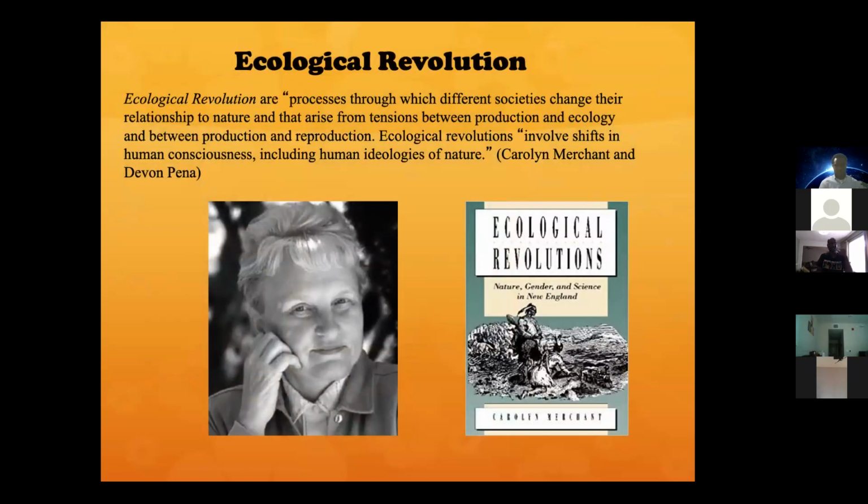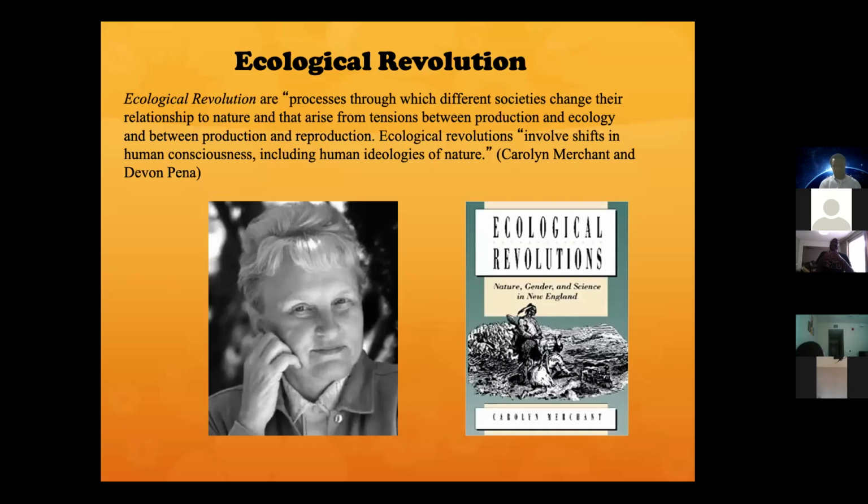And we use a concept by this woman, Carolyn Merchant, who wrote a book called Ecological Revolutions, right? Where she makes the argument that at certain times in history, there's a shift in consciousness because of people's change in both their perception of the environment and their mode of production, their economic relationships, right?